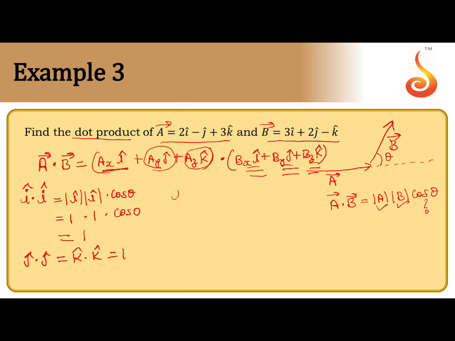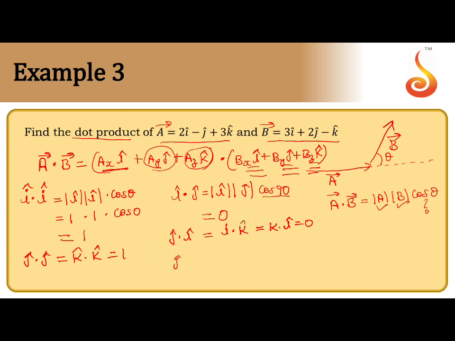On the other hand, if I find i dot j, this will be mod of i, mod of j, into cos 90. Because i and j are along the x and y axes, the angle between the two is 90 degrees, and cos 90 is 0. In the same way, i dot k and k dot i will be equal to 0.